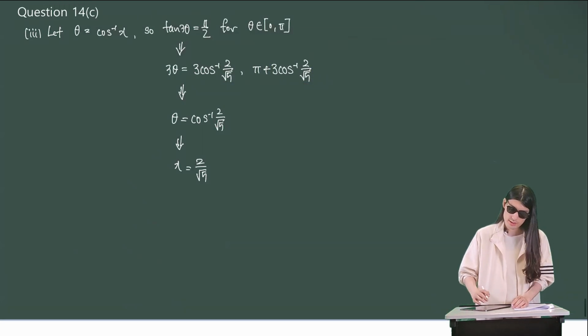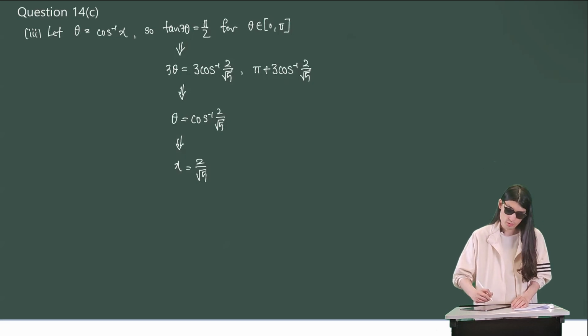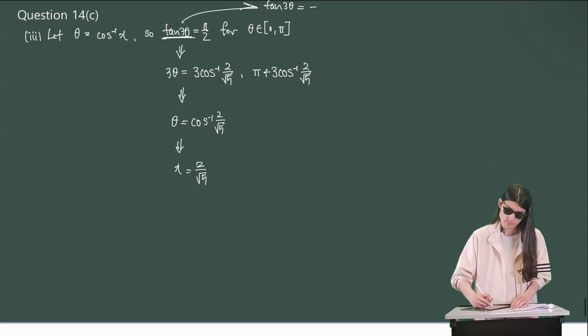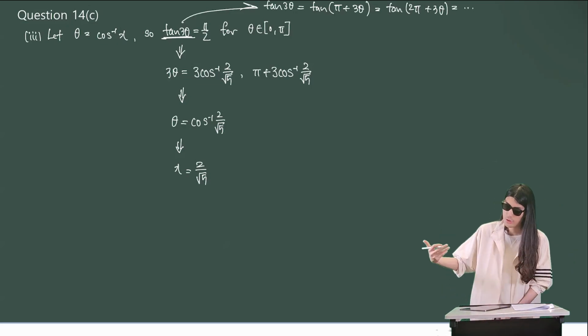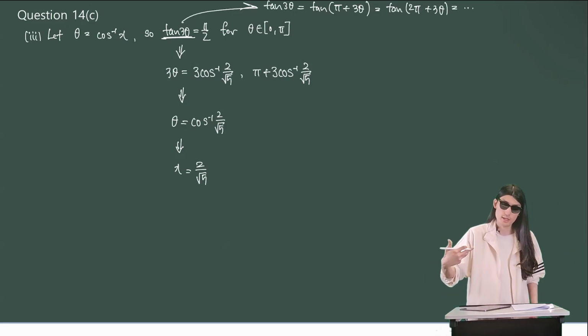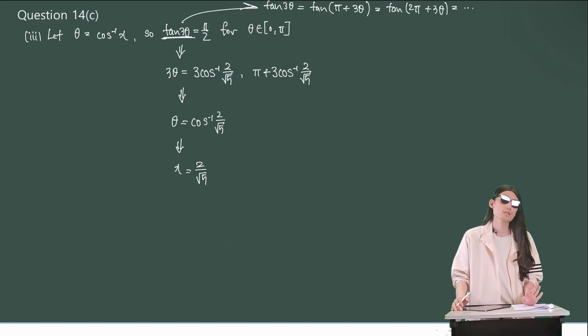The logic behind it is, again, quadrant properties. Tan 3 theta, tan of pi plus 3 theta, and similarly tan of 2 pi plus 3 theta, these are all equal to each other by symmetry, or by the cyclic and periodic nature of these trigonometric functions.